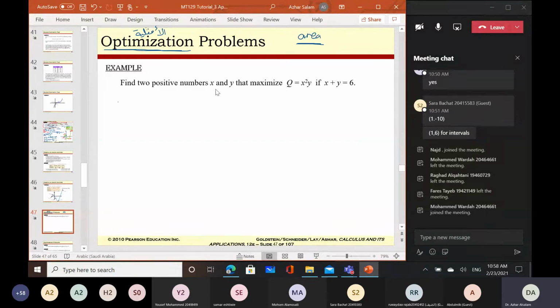Find two positive numbers. Notice here two positive numbers, x and y, that maximize this function.